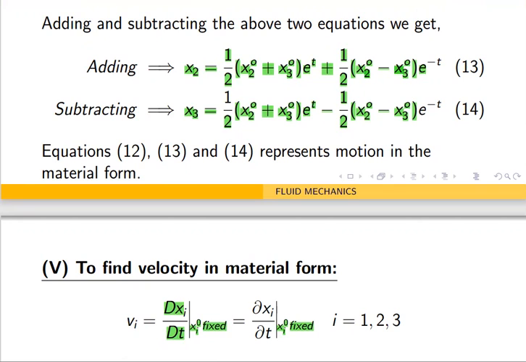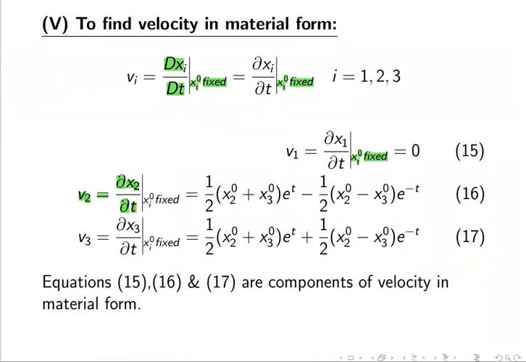Differentiate with respect to t, and we get V2 equal to this whole thing. Similarly, V3: take x3, differentiate with respect to t with xi naughts fixed, and call it equation 17.